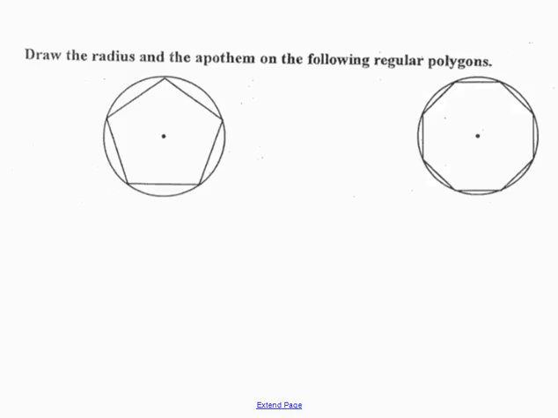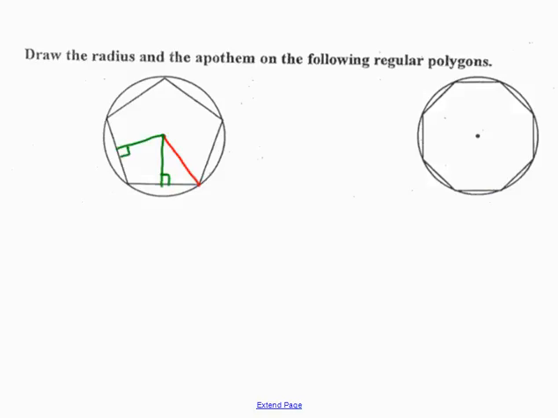Okay, so now again, today we're going to be drawing the radius and the apothem. Remember, the radius goes from the center to the vertex, and the apothem goes from the center to the side, creating a right angle. I could put the apothem here.